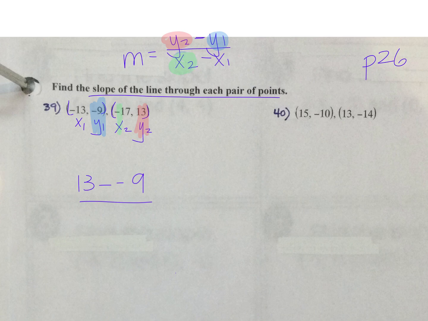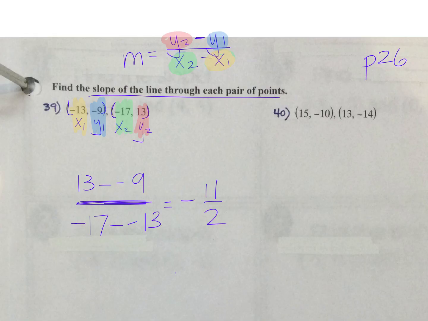X2 is right here. So x2's number is negative 17 minus x1, right there. So that would be a negative 13. When you type that in exactly like you see in your calculator, you will get negative 11 over 2. Remember to start with a division bar.